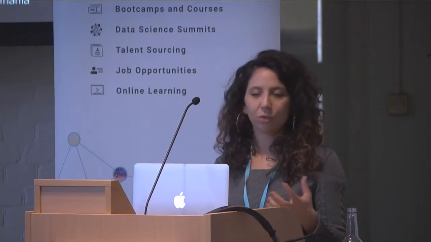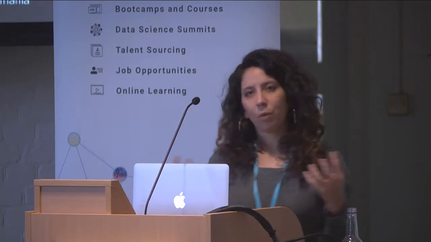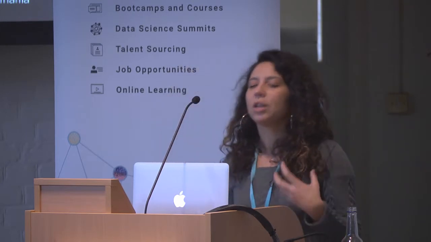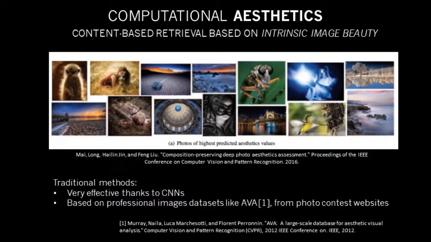We can do a lot of beautiful research, and I love doing research, but when you go through the application side, and I know this as an industry researcher, you really have to be careful about the data that you are analyzing and the entire user experience. So again, this story is about computational aesthetics.